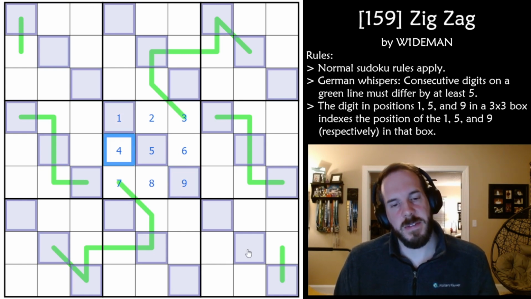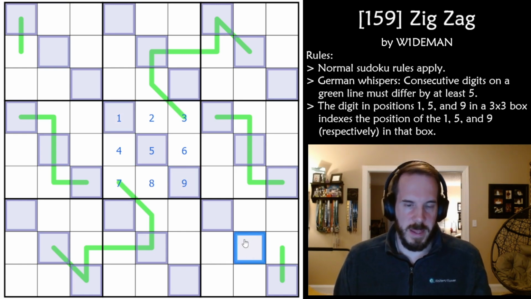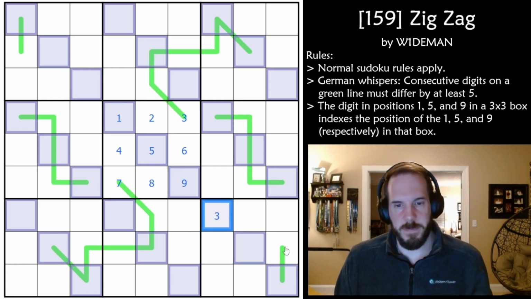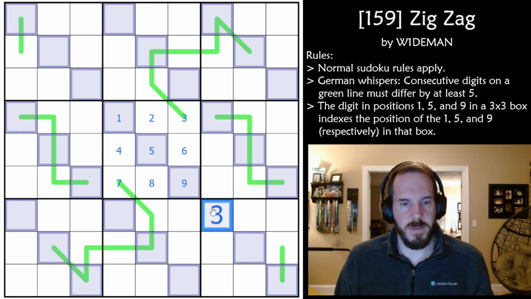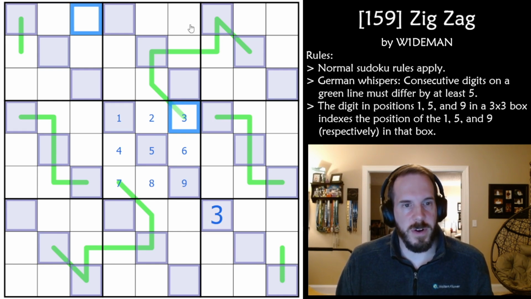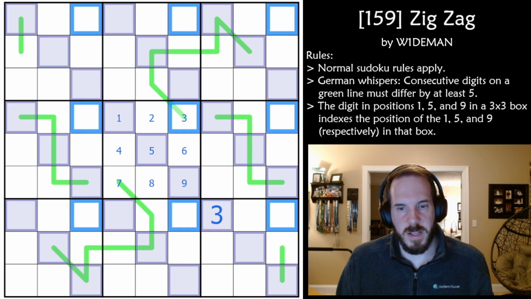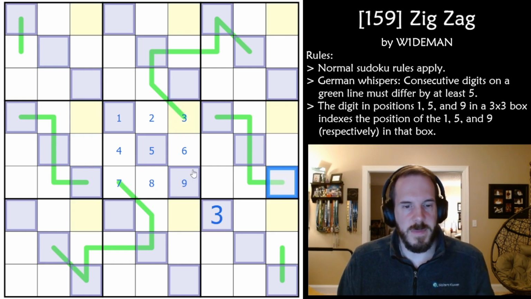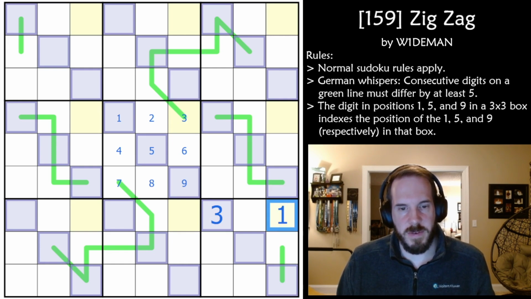And so let's pick this cell that's sort of out of the way here. If I were to put a 3 in position 1 of this box, this is saying that the 1 in this 3x3 box is in position 3, so the top right corner, which corresponds to position 3 throughout the grid, in these yellow cells.